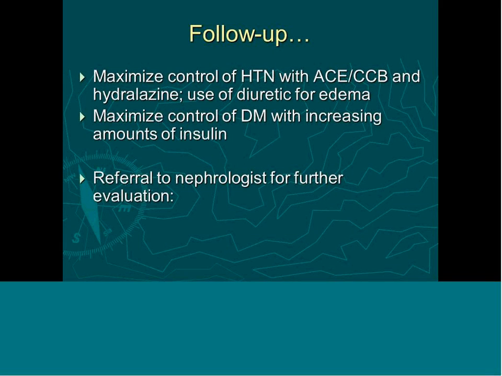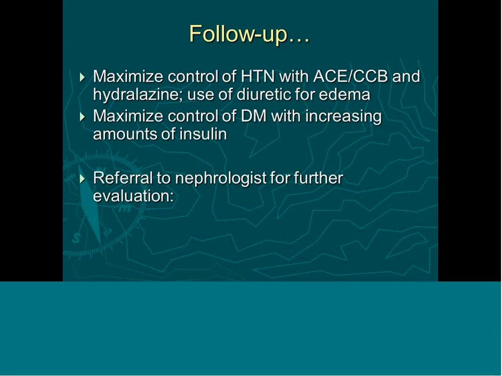The next step would be to maximize control of hypertension, with an ACE inhibitor or ARB blocker. We may use diuretics for edema. We have to control diabetes with increasing amounts of insulin. In stage 5 chronic kidney disease, he needs to be referred to a nephrologist for initiation of dialysis in the near future.